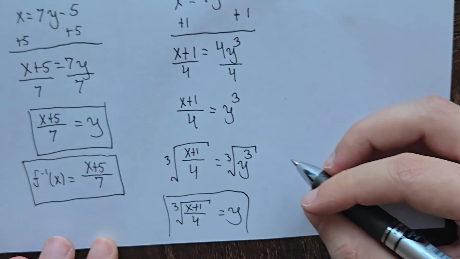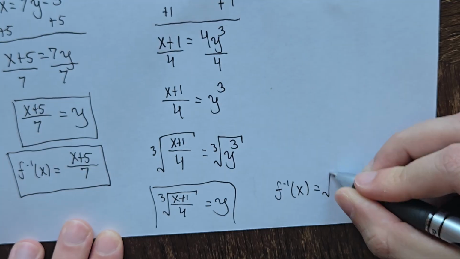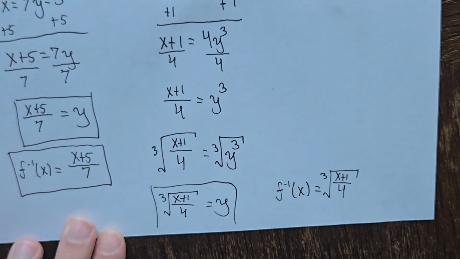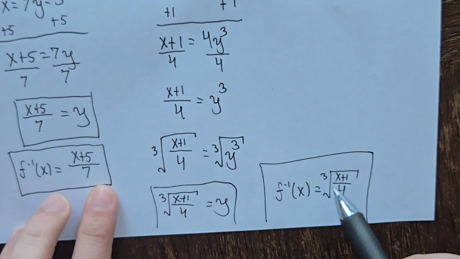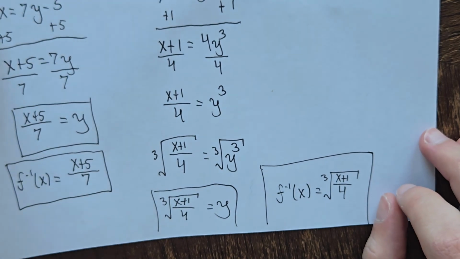And I'm going to do the same thing for this one as well. I'm going to say f inverse of x is equal to the cube root of x plus 1 over 4. So we have these two different representations of it. If it's asking for the function notation, it wants you to use this f inverse notation. This equation is all we've gotten just for the equation part. Let's look at a couple more.